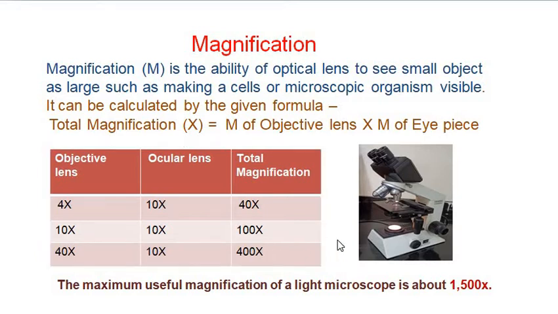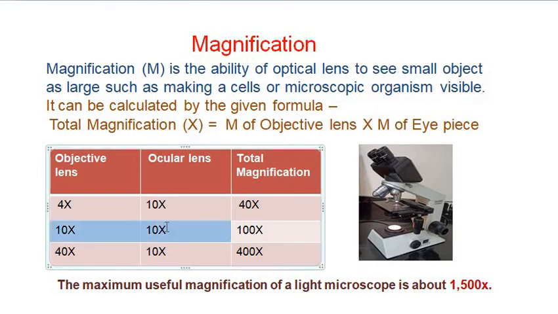It means the image you are viewing under the microscope will be 40 times larger. With these lens specifications, 100x means you are observing a specimen which is 100 times larger than the actual specimen, and 400x means a 400 times larger image is observed under the microscope.